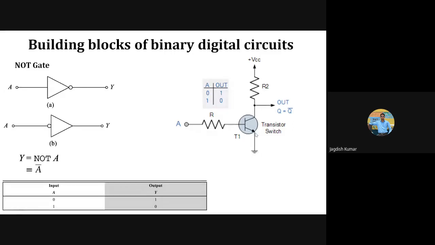So the voltage here will be exactly this value, meaning VCC or high voltage. That is how we can understand the operation of a NOT gate. If you give a high voltage at the input, there will be low voltage at the output. If you give a low voltage at input, there will be high voltage at the output. Is this clear?